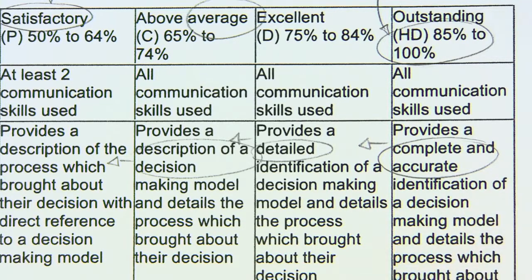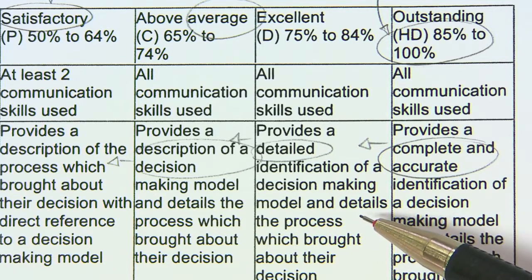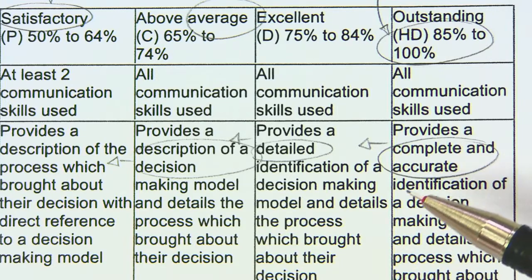So if we have a look at the high distinction level here, we see the difference is that at a high distinction level the student has provided a complete and accurate identification, whereas in the excellent range the student has provided a detailed identification of a decision-making model.